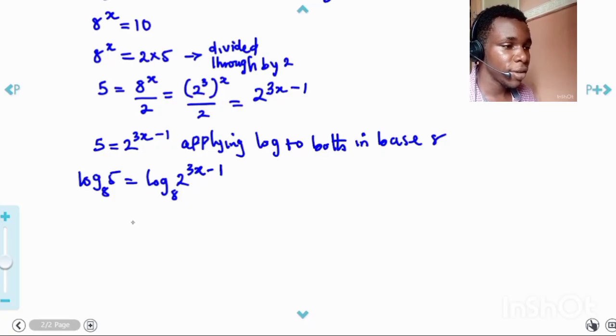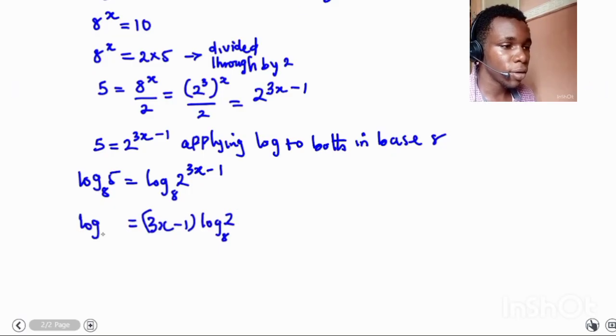This is a power. So we have here 3x minus 1 all in the bracket log 2 of base 8, all equal to log 5 of base 8.